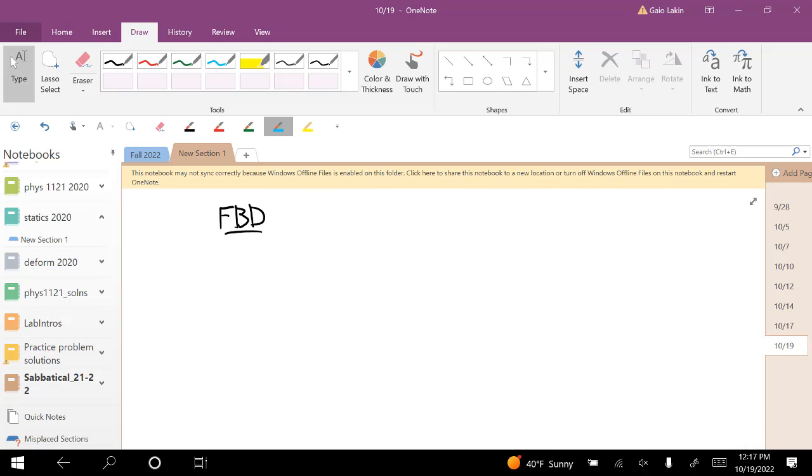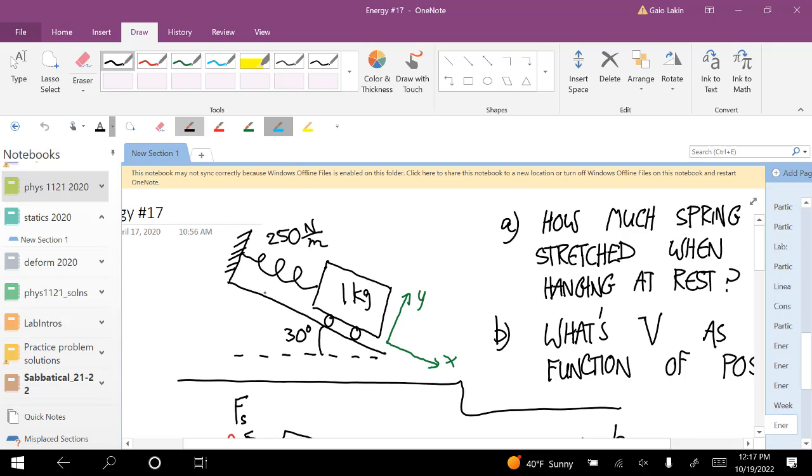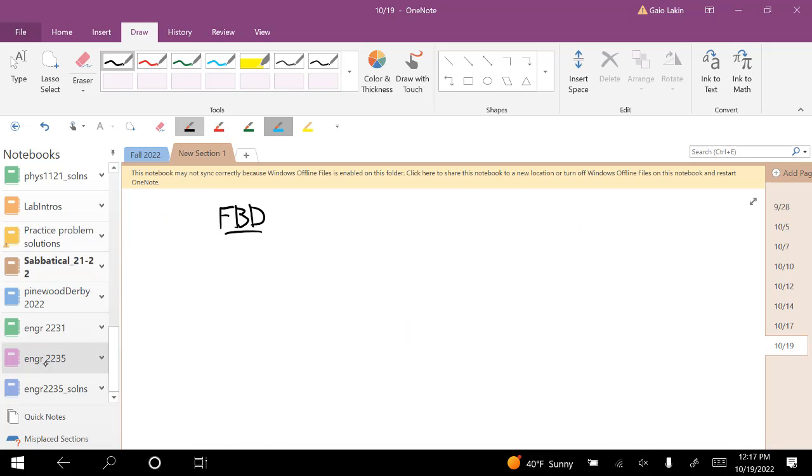So here's what the free body diagram looks like. So there's what I'm isolating.